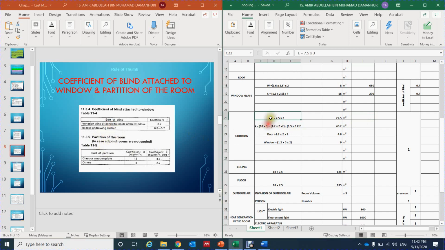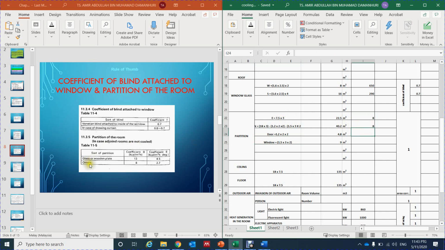This one is for the wall, so for the wall we'll be using the other coefficient, and then for the door and window we have to use the coefficient B of glass or wooden plate because the heat transmits into the door and window much more than the others that we are using, brick, for example.